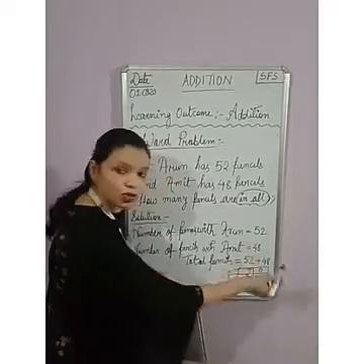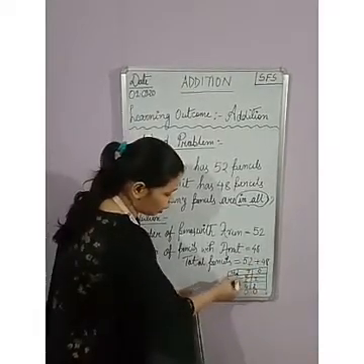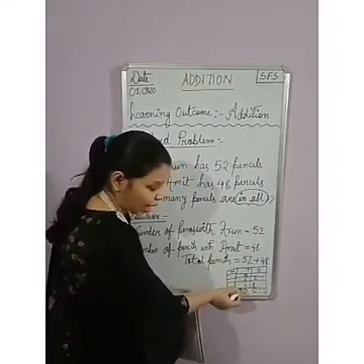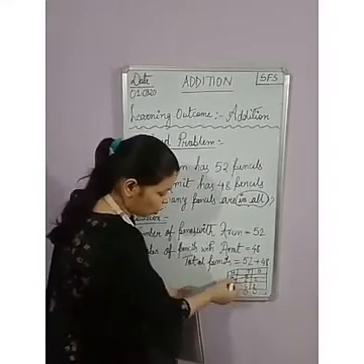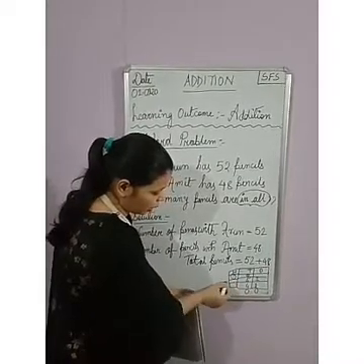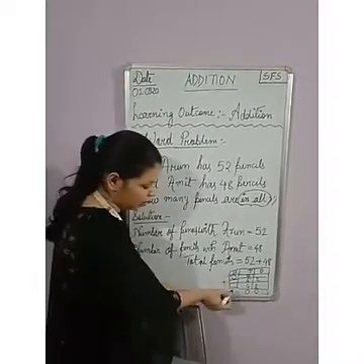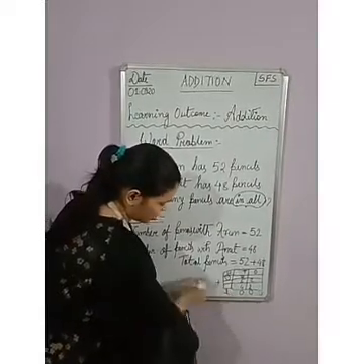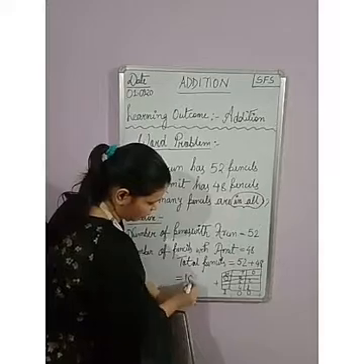And after 10, what comes? 100. So 5 plus 4 plus 1: 5 plus 4, 9, plus 1, 10. So 1 will carry over here. Now since below the 1 there is no number, the 1 will come down. So the answer is 100.